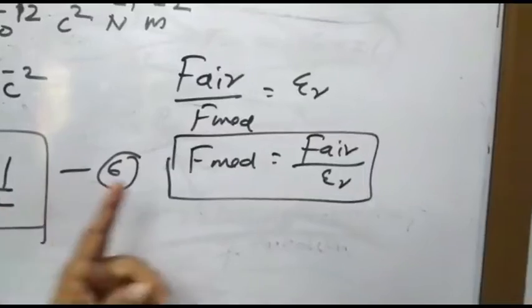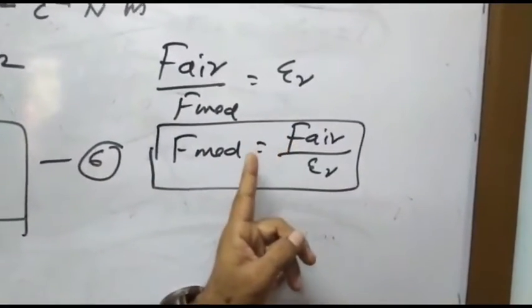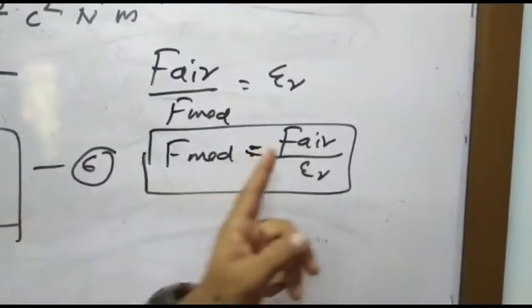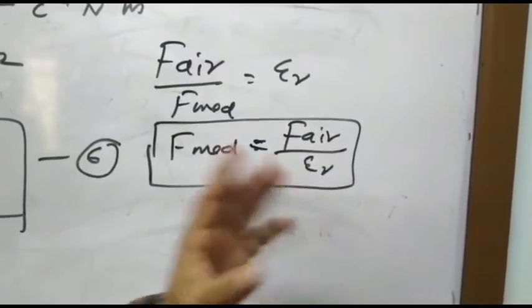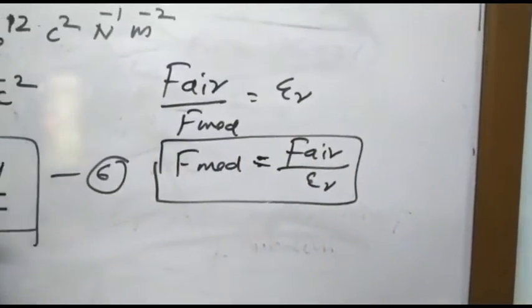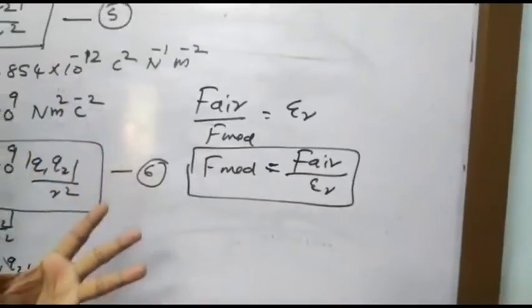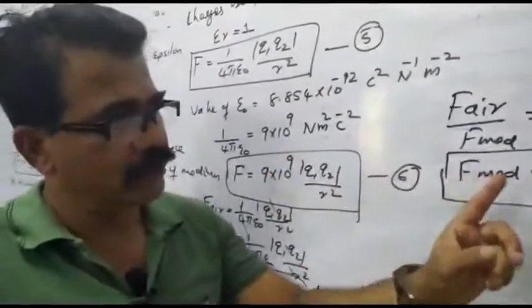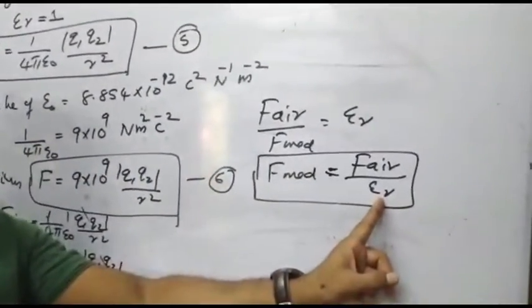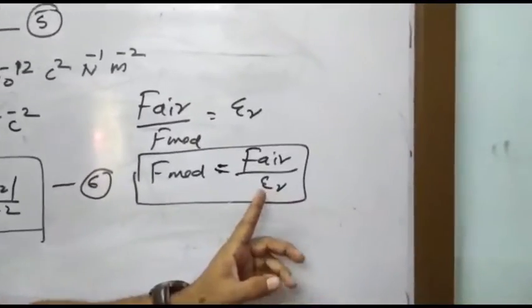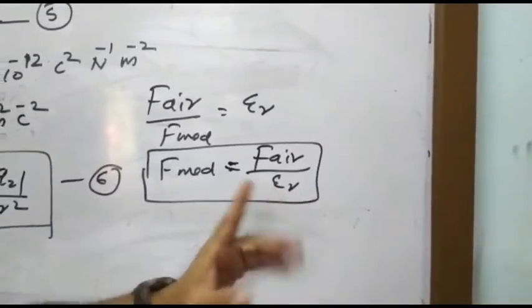So, look at this equation: it shows that when the charges are placed in any medium other than air, epsilon r is greater than 1. The lowest value for the relative permittivity is for air, 1.